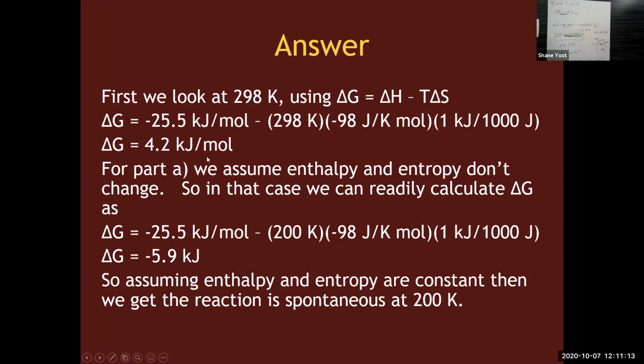If I do the same process at 200 Kelvin, I get a negative 5.9 kilojoules, which is telling me that it is not spontaneous at 298 Kelvin, but it is spontaneous at 200 Kelvin.